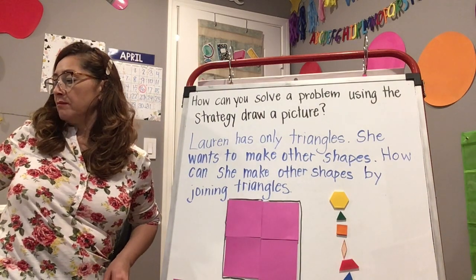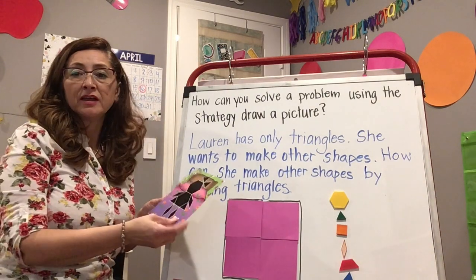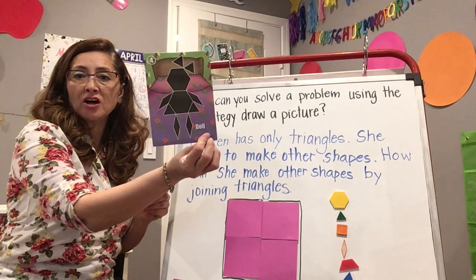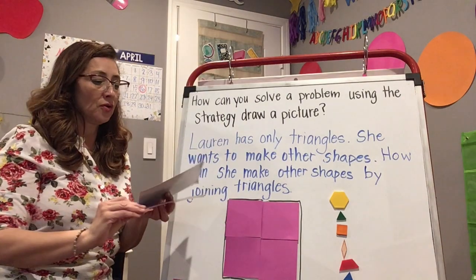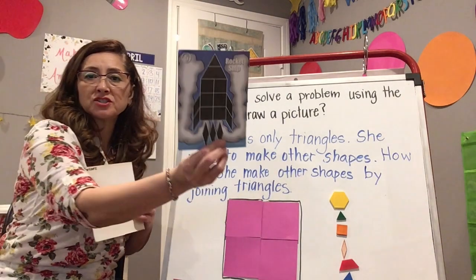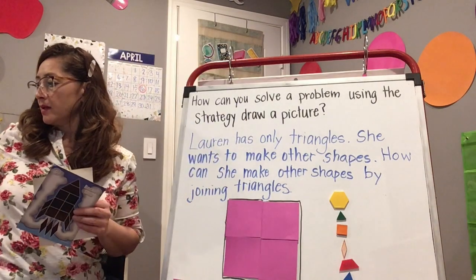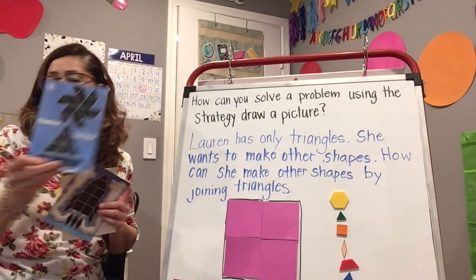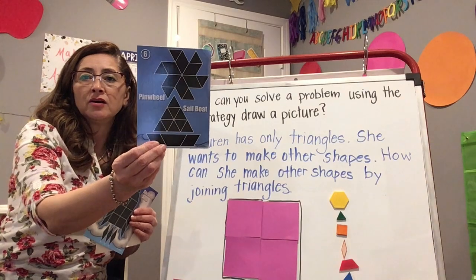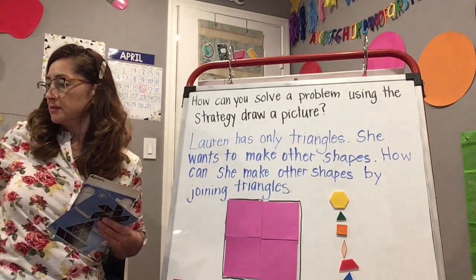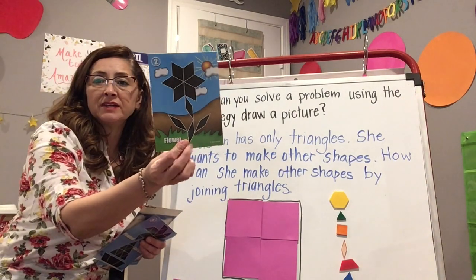You can make pictures of possibly a doll, or a rocket ship, a pinwheel or a sailboat, and even a flower.